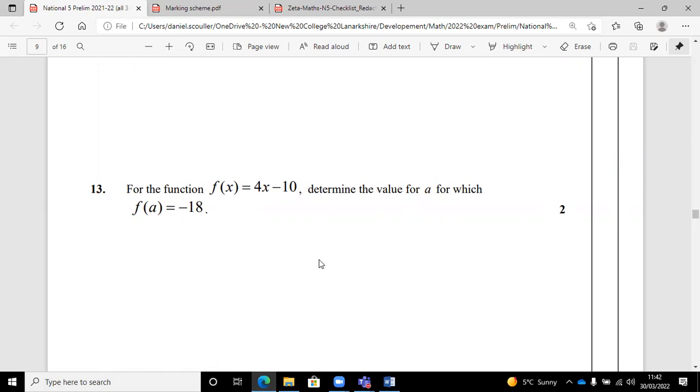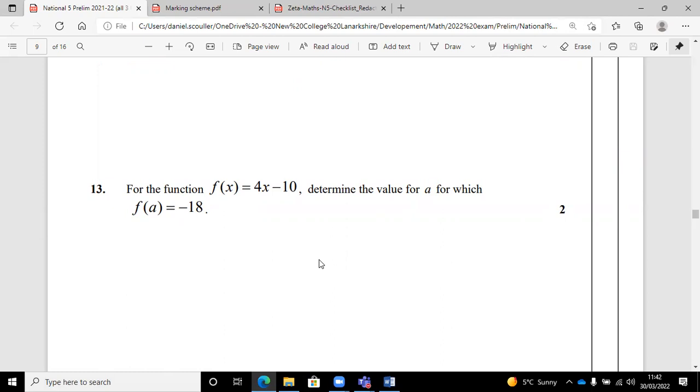And I'll take the blame for that, I think, in the way it's explained. So functional notation. There's 2 ways in which they can ask you this. Okay, so this is obviously one way. Okay, so we're looking for values of A.